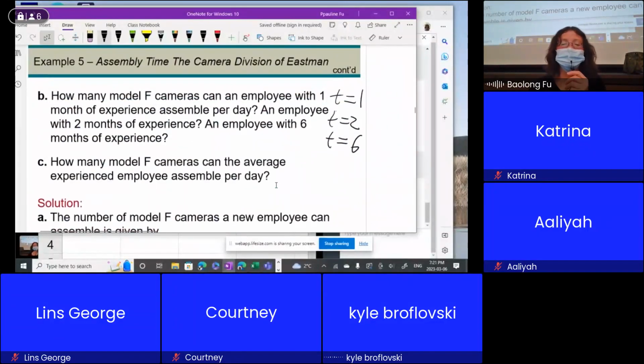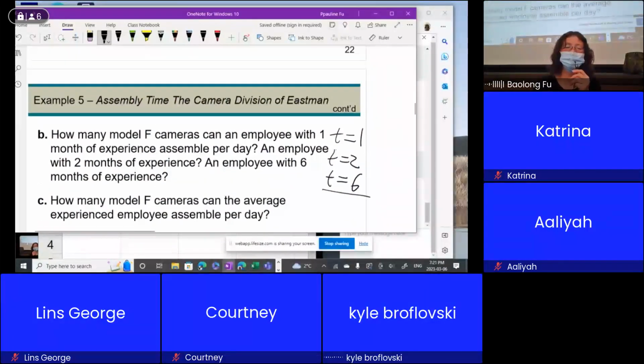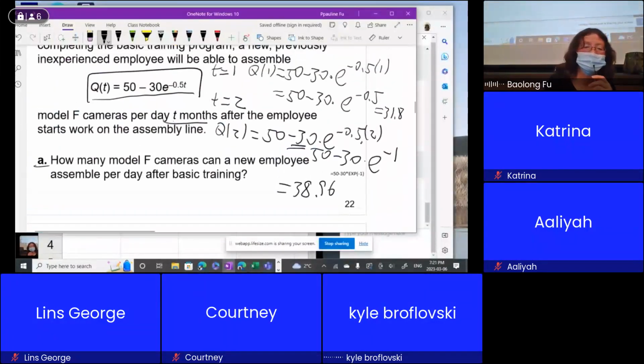Okay, last question. When t equals 6, how many cameras with 6 months of experience?